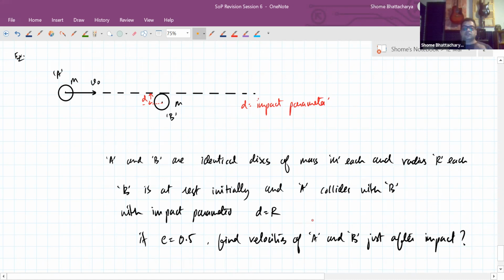And that D is equal to the radius of either disk. Okay, so from that we have to do this calculation. I'll just leave you with a minute to go through the question and we'll discuss this in detail.